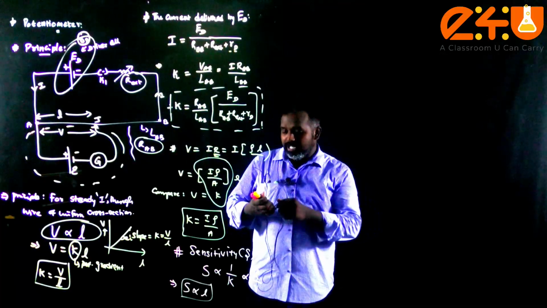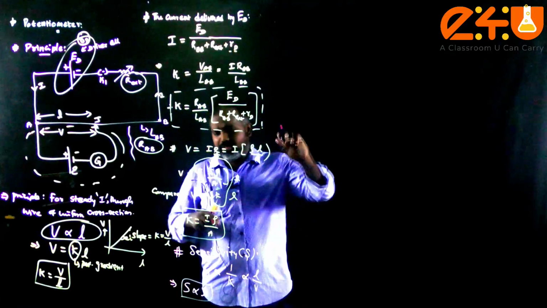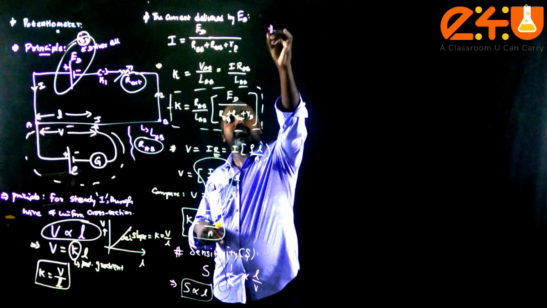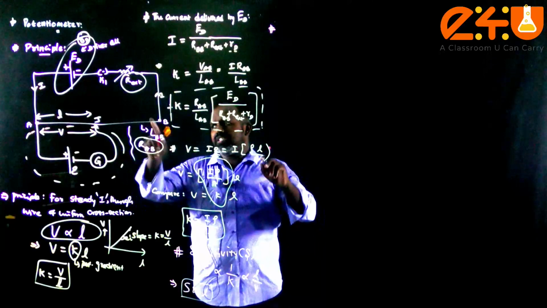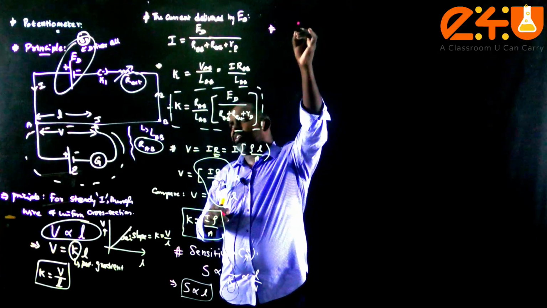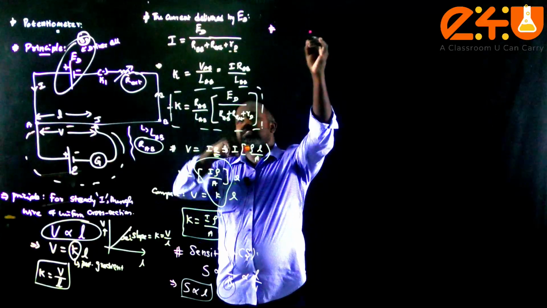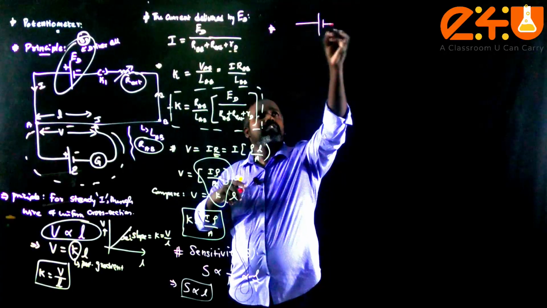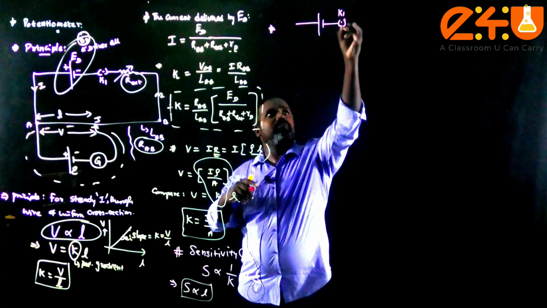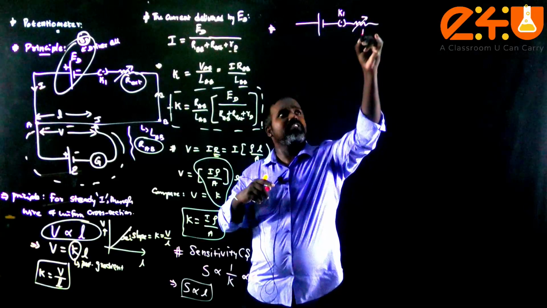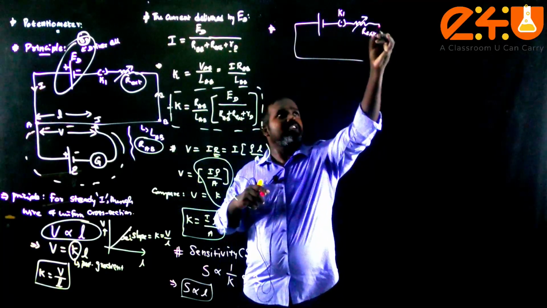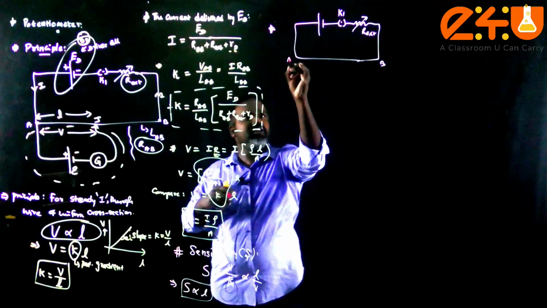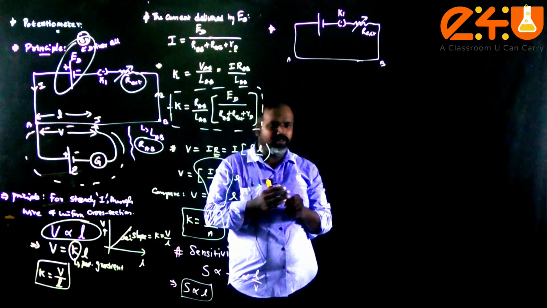There are some other important parameters we have to mention here. Again, consider this situation. I can draw another experimental circuit. This is K1 and this is some variable resistance R external, or rheostat, and this circuit is the primary circuit AB.